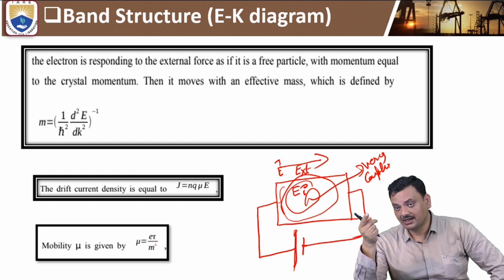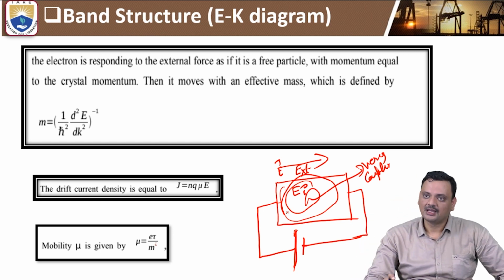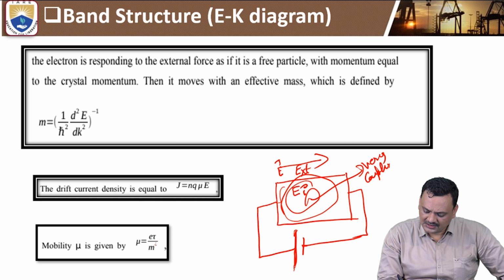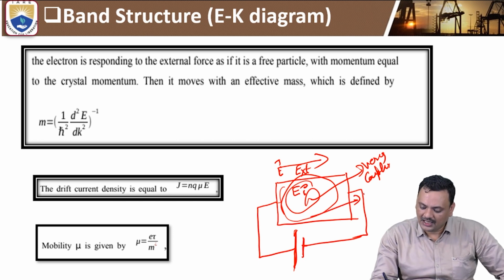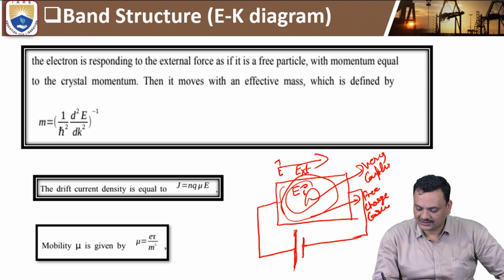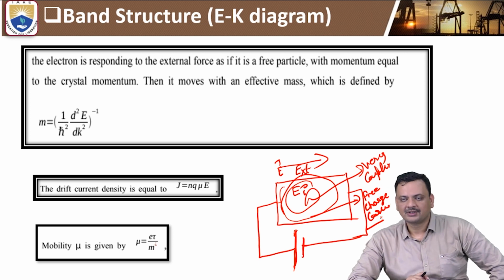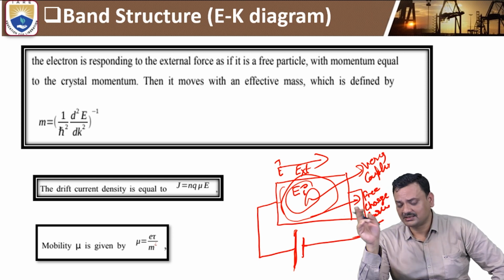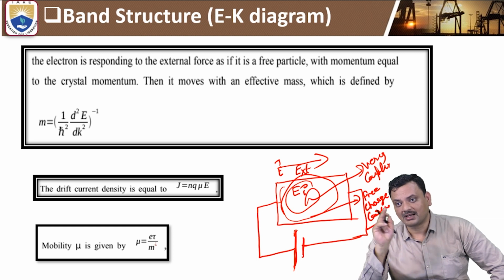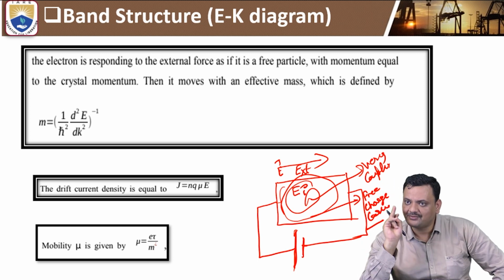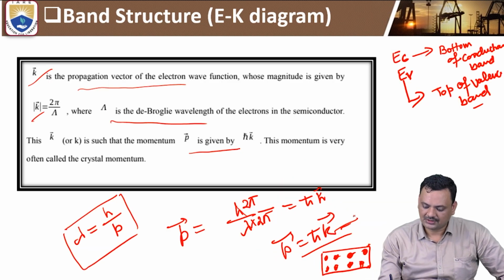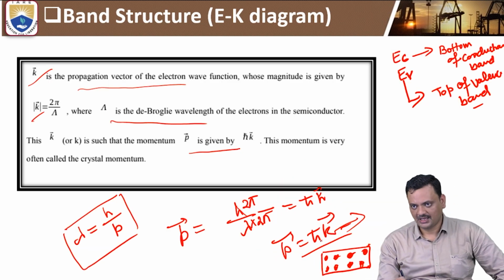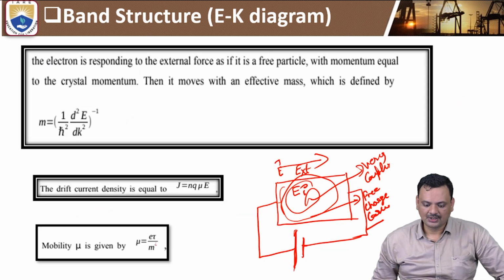That external field will try to move only the free charge carriers, and due to the motion of the free charge carriers only, the crystal momentum term comes.